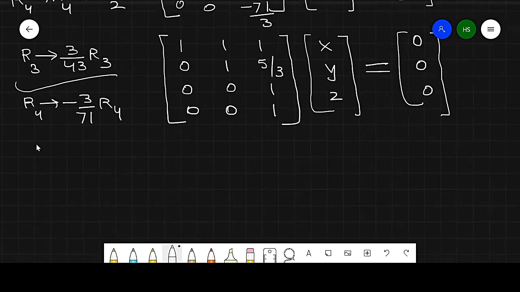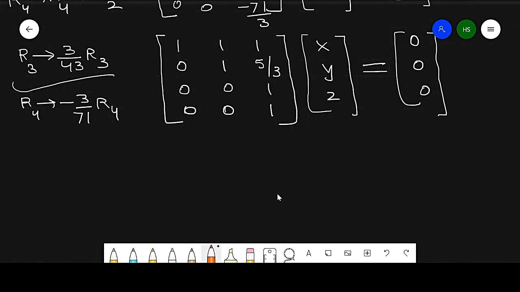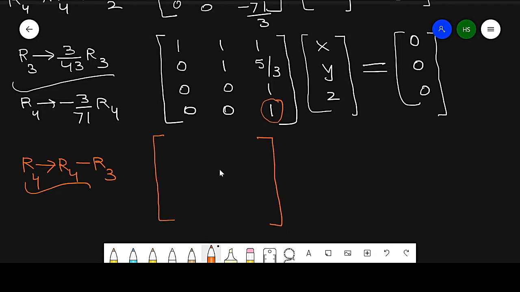Now this is a diagonal entry, so my aim is to reduce it to 0. I will apply the operation R4 minus R3 at this place. So this will become 1, 1, 1, 0, 1, 5 by 3, and next is 0, 0, 1, 0, 0 and 0.